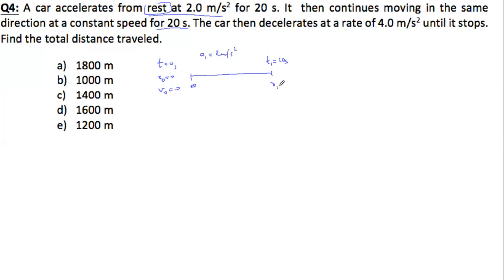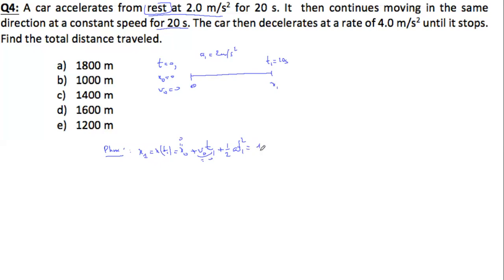Is the distance x1 I'm traveling? Well, I will use an acceleration equation. So we are in phase 1. Okay. So I'll say that x1, which is x at t1, which is 20 seconds, is x0 plus v0 t1 plus half a t1 squared. x0 is 0, forget about it. v0 is 0, forget about it.